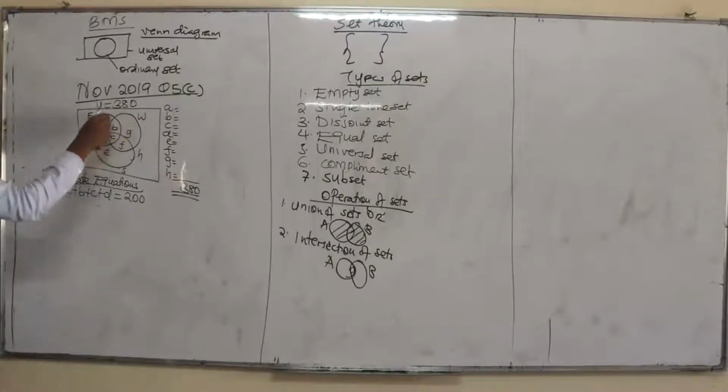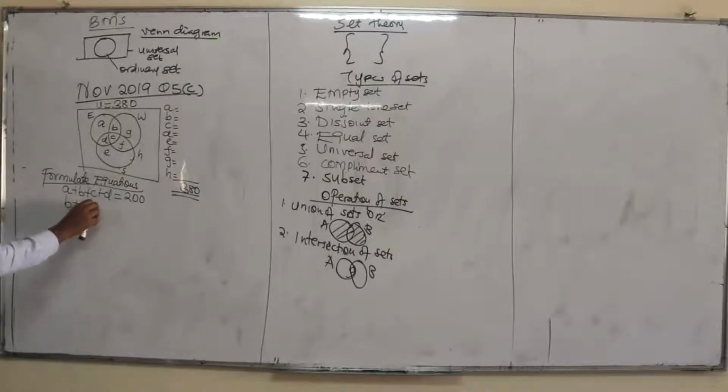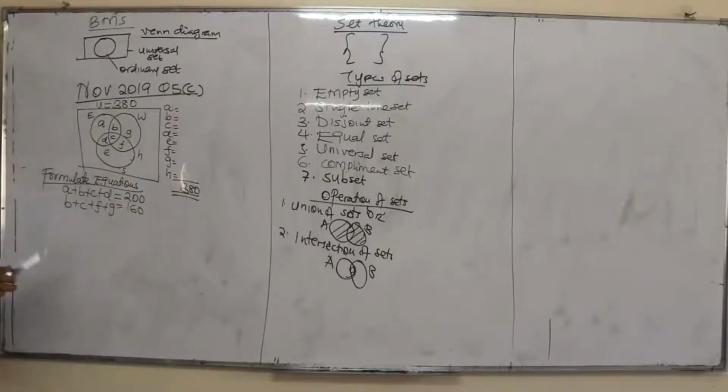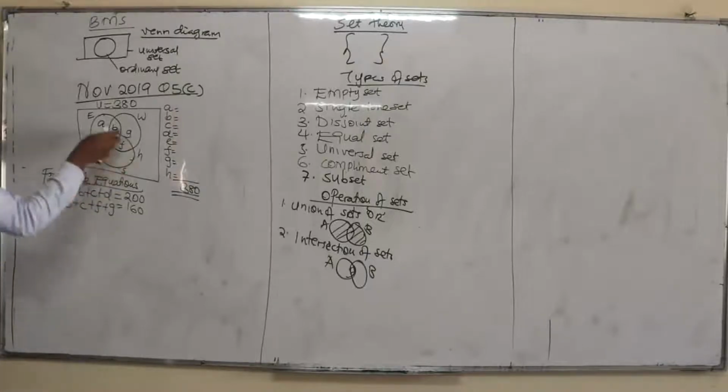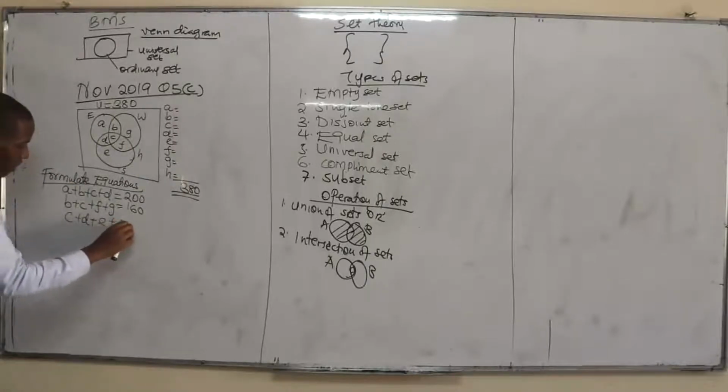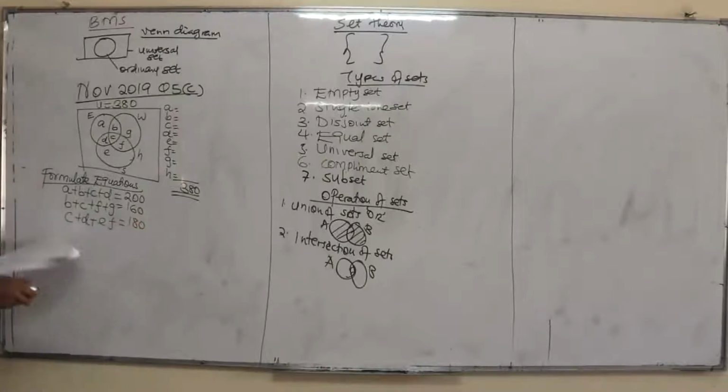Those in that circle are B, C, F, and G: 160. Then 180 represented the Southern region. Those in Southern are C, D, E, and F: 180.